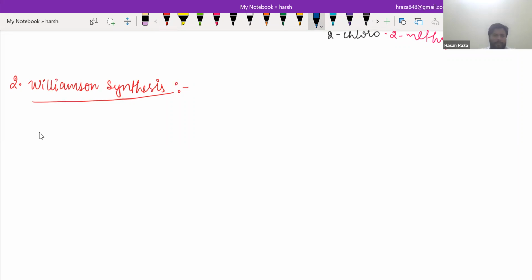It is a laboratory method for the preparation of symmetrical and asymmetrical ethers. What is a symmetrical ether? It is CH3OCH3. This is symmetrical, both sides the same alkyl group. And asymmetrical is both sides different alkyl groups. Are you getting my point?